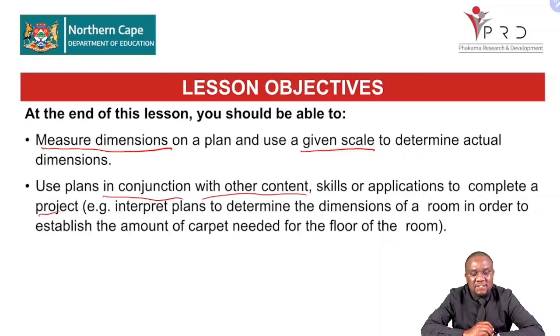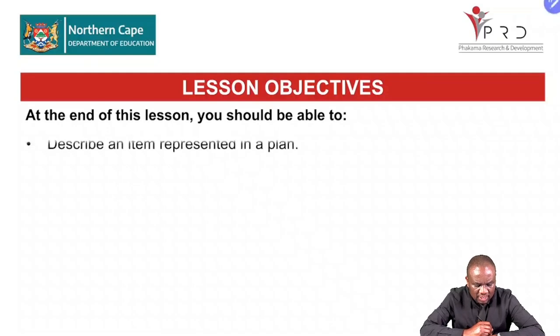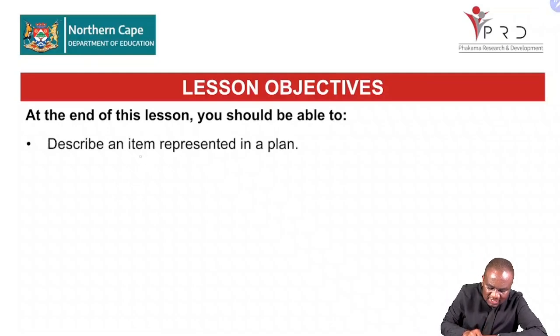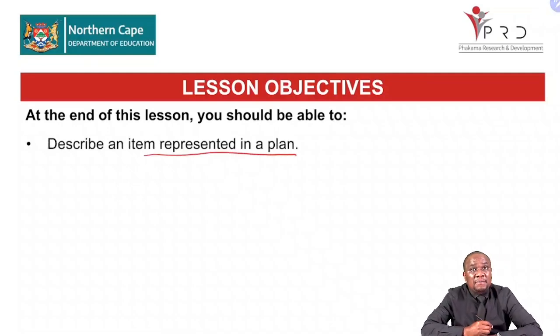Right, we're going to use plans in conjunction with other content, skills or applications to complete a project, e.g. interpret plans to determine the dimensions of a room in order to establish the amount of carpet needed for the floor of the room, or the amount of paint needed, or the amount of tiles needed. We're going to be able to use that. You see that? Okay. And then we are going to describe an item represented in a plan.